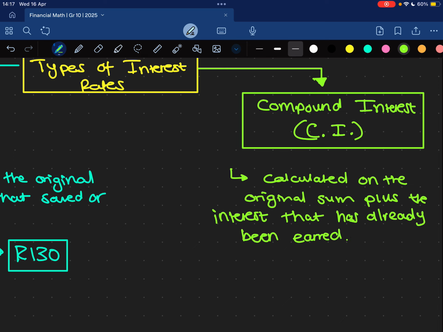So basically the interest is worked out on the final amount each year.